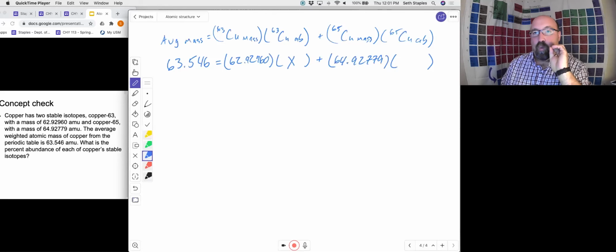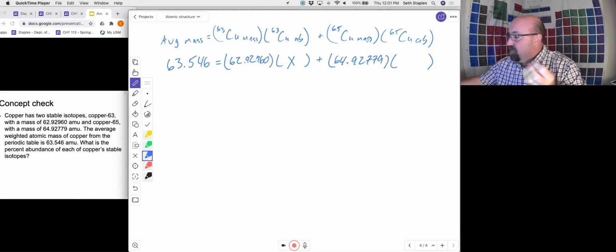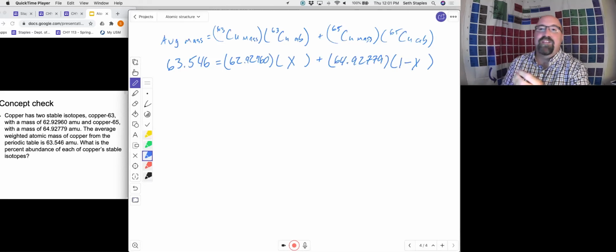And so 100 divided by 100 is going to equal 1. That means that the abundance of copper 65 is going to be 1 minus X. So think of it, if we're thinking in terms of percentages, 100%, which is all of the copper, 100% minus the percent abundance of copper 63 is going to equal our percent abundance of copper 65. And so that's 1 minus X.